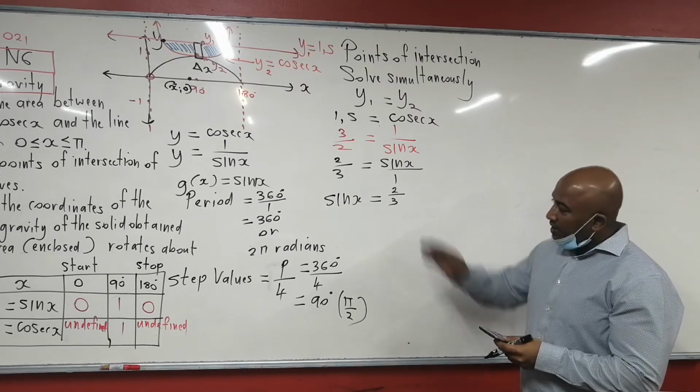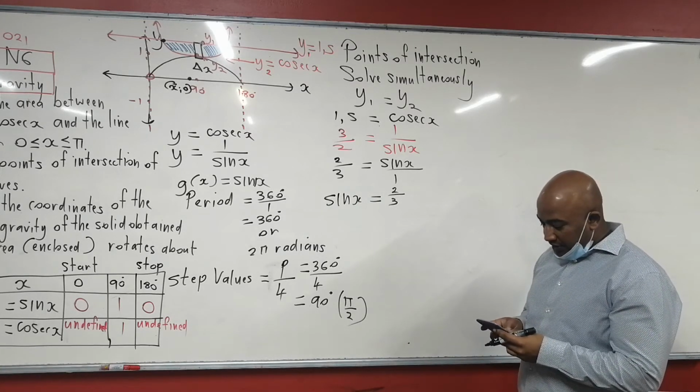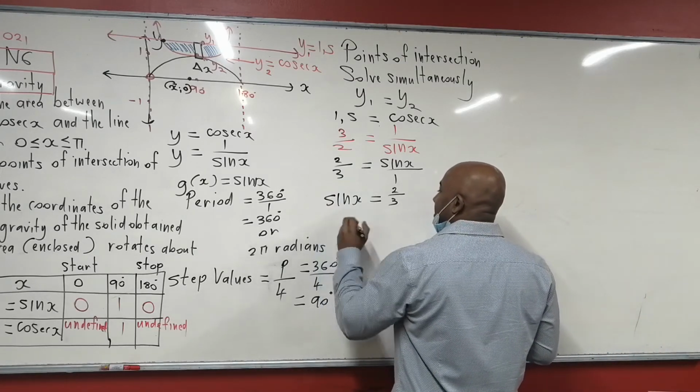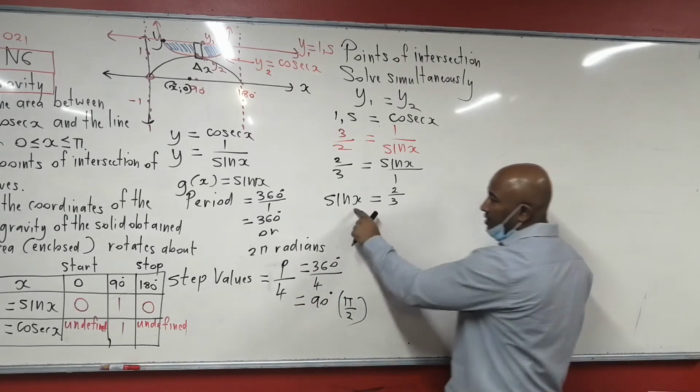Right, so sine x is equal to 2 over 3, so inverse sine 2 over 3 is equal to, so what am I doing now? Working out the angle.